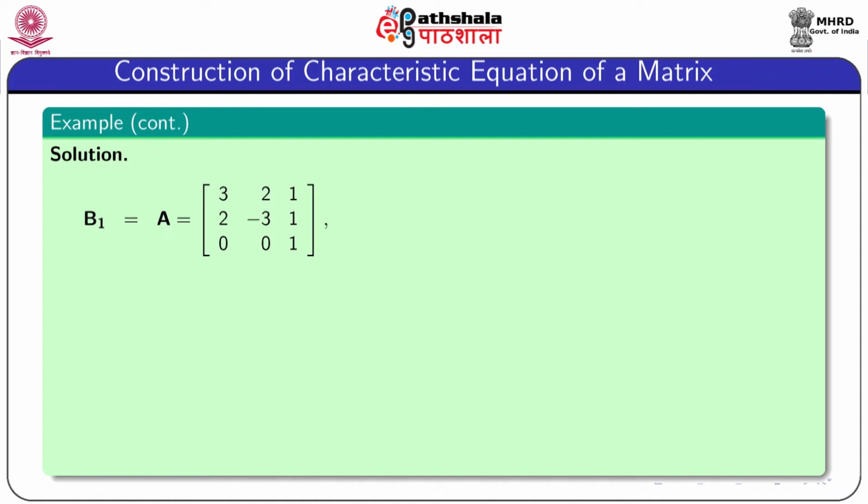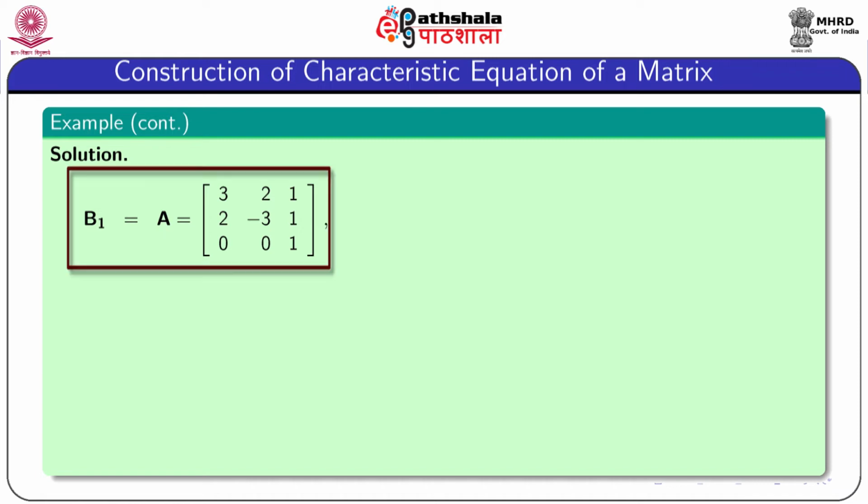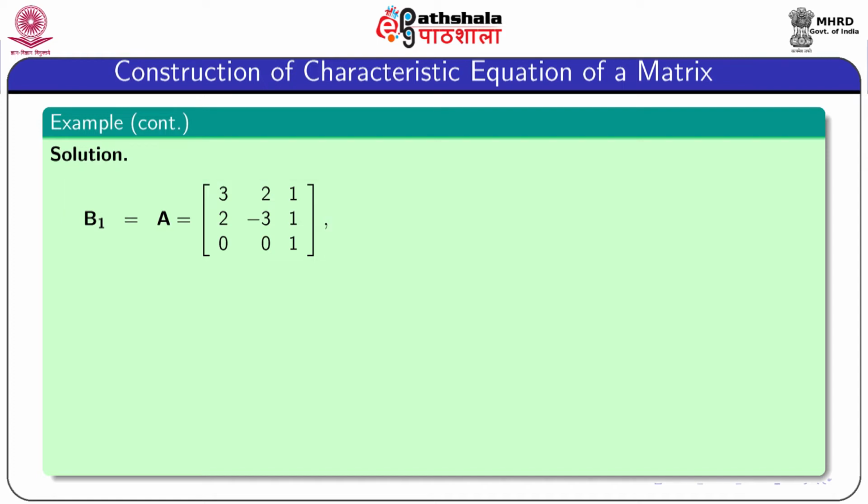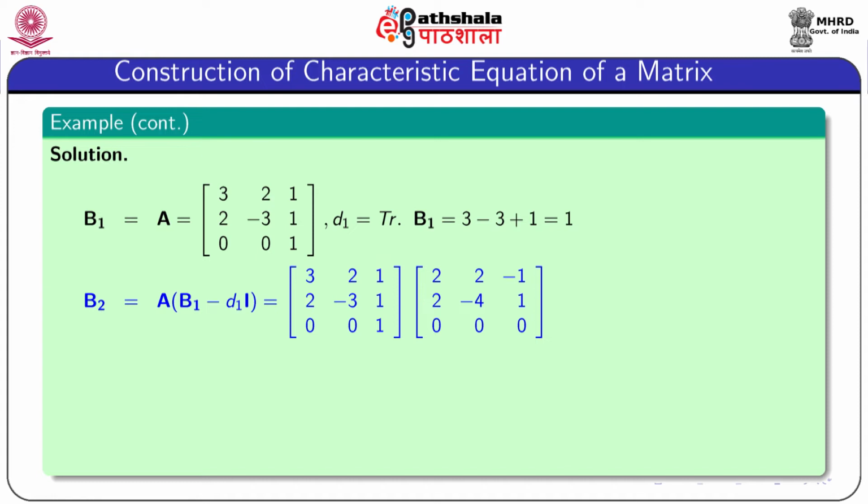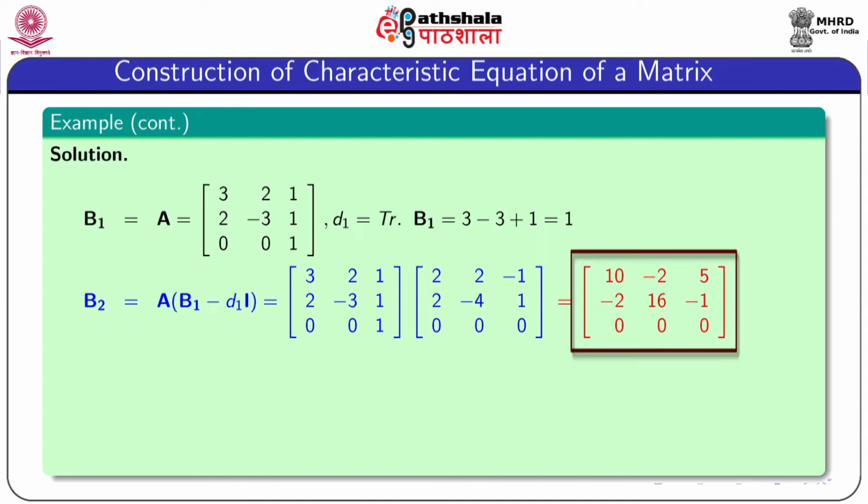For this matrix, we first calculate the matrix B1, which is equal to A, the given matrix, and then d1 equal to the trace of the matrix B1, which is nothing but the sum of the diagonal elements of the matrix B1, which is equal to 3 plus minus 3 plus 1, which is equal to 1, and B2 equal to A into B1 minus d1 I. It may be noted that B1 minus d1 I is nothing but the matrix D1, and after multiplication the matrix B2 is a 3 by 3 order matrix whose first row is 10, minus 2, 5, second row is minus 2, 16, minus 1, and third row is 0, 0, 0.